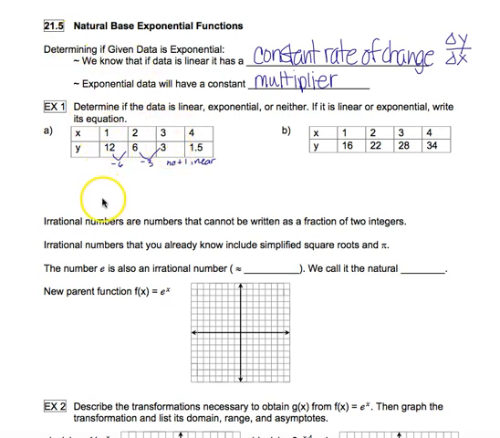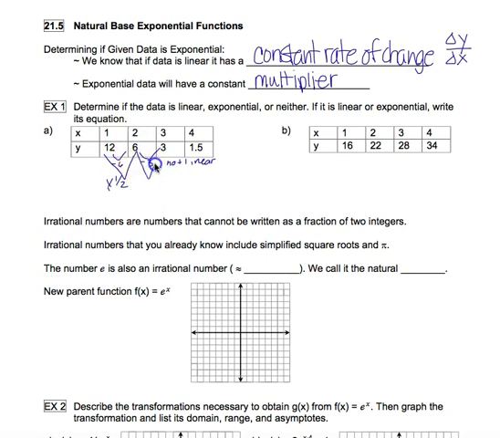So then I try again and see, could there be a constant multiplier? When I go from 12 to 6, you're asking yourself, what would I multiply 12 by to get 6? If the numbers are getting smaller, then what you're multiplying by should be a fraction. So 12 times 1/2 gives me 6.